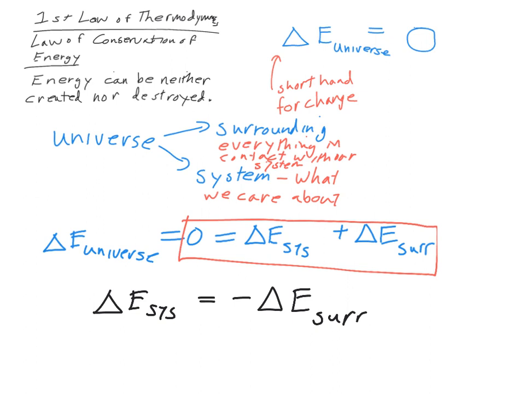Ooh, why in the world did I put a negative sign there? It has to do with this summation, right? If we're going to have a net change for the universe equal to 0, then that means one term has to be positive and one term has to be negative at all times. Otherwise, you'd wind up with a positive number or a negative number.